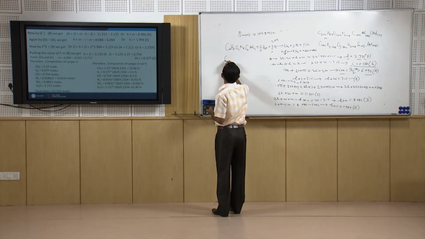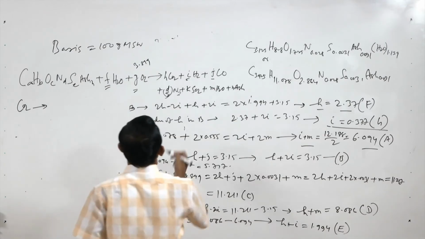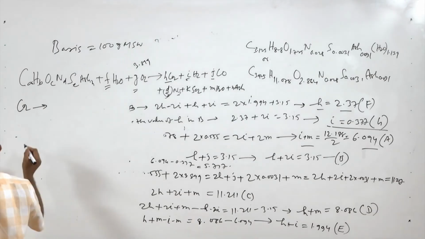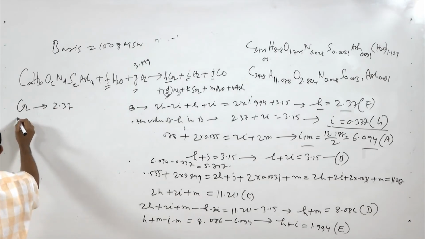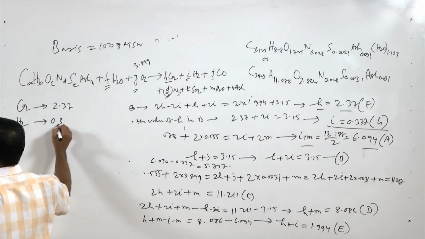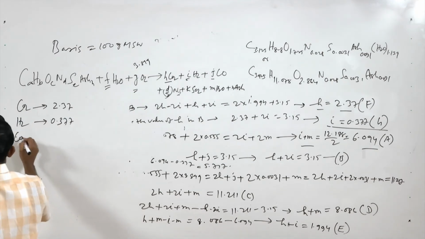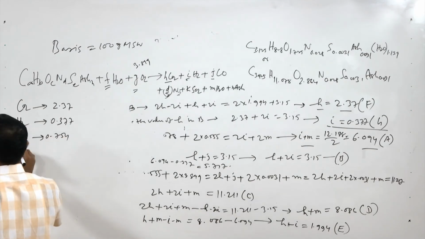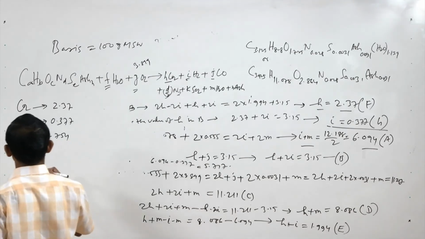So what will be the CO2? CO2 is equal to how much? H value is equal to 2.37. And then we will get H2. H2 is equal to 0.377, and then we will get CO. CO is equal to 0.754, and then we will get N2, that is equal to D by 2.